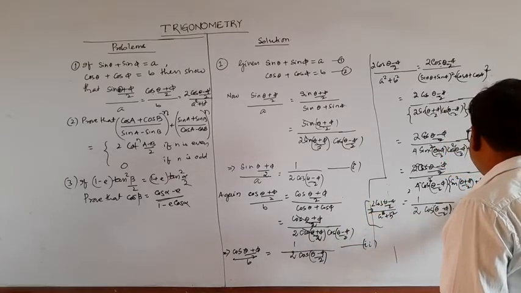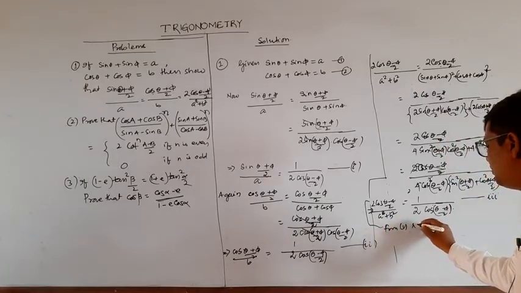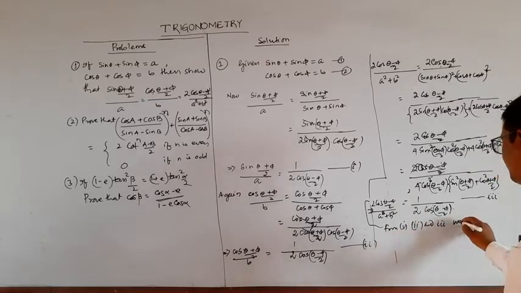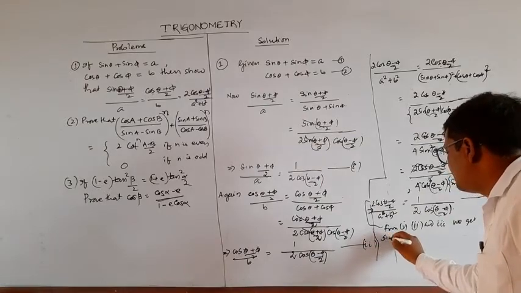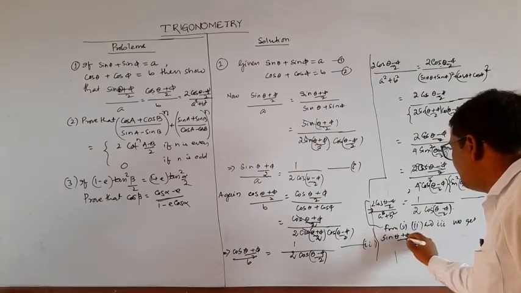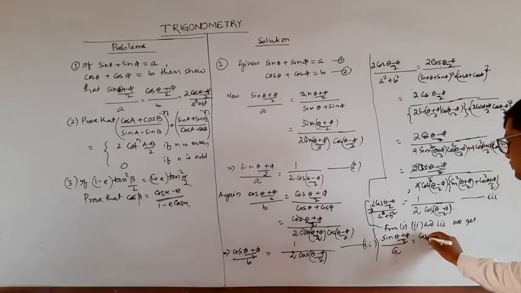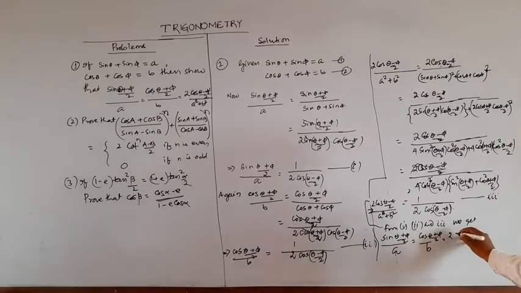So this is from equation 3, and from equations 1, 2 and 3 we get sin(theta plus pi by 2) divided by a is equal to cos(theta plus pi by 2) by b is equal to 2 cos(theta minus pi by 2) divided by a square plus b square. This is proved.